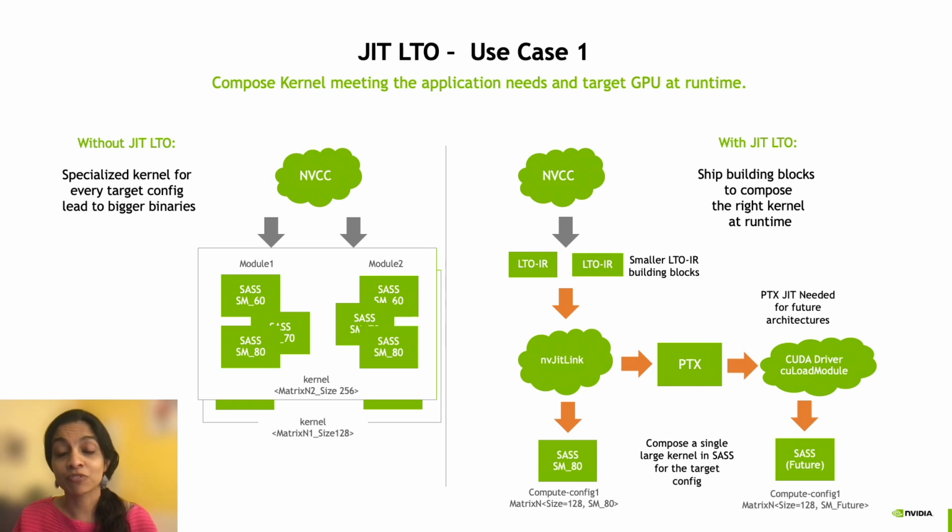So instead of shipping a fully formed kernel for every module, for every SM architecture, for every specialized kernel configuration, you just have to ship the building blocks using LTO-IR. Isn't that a cool trick?